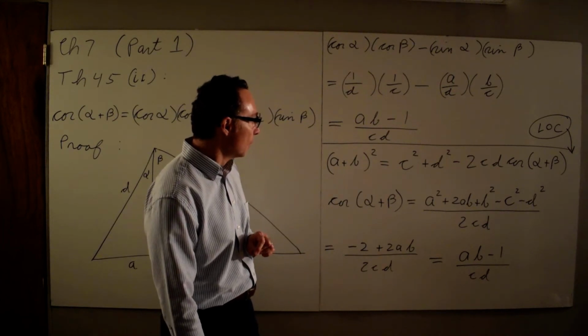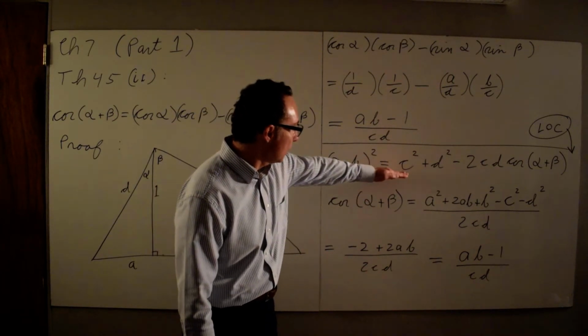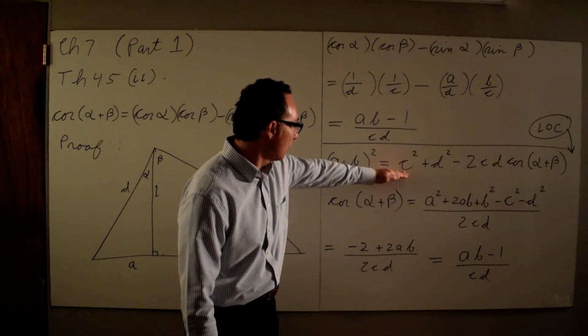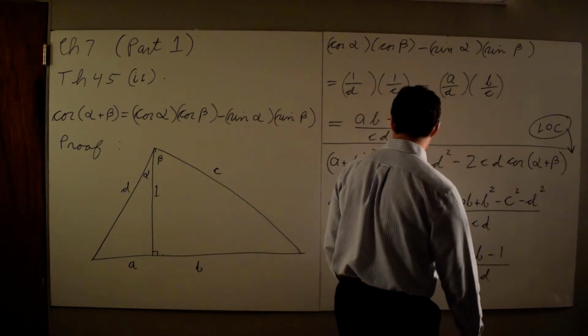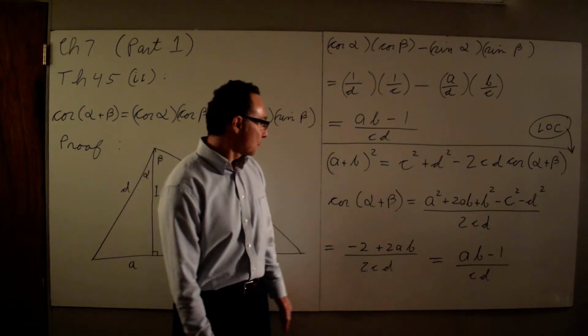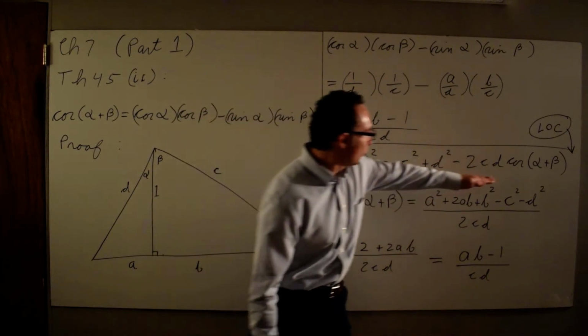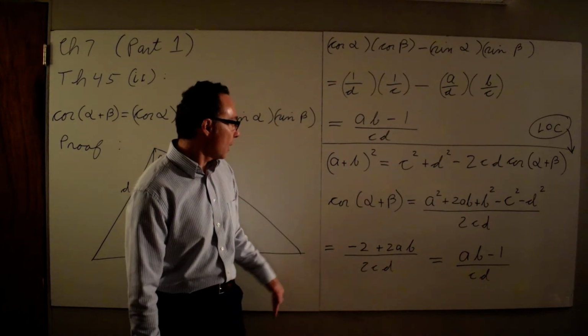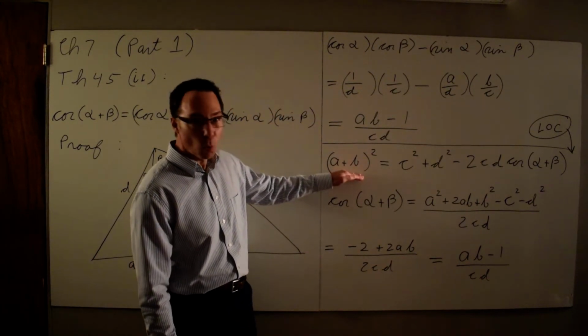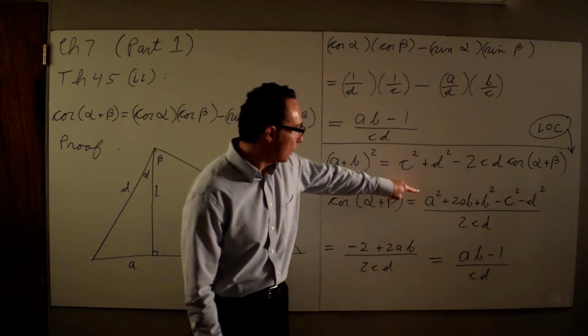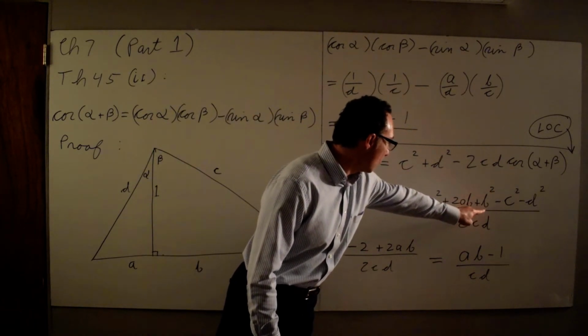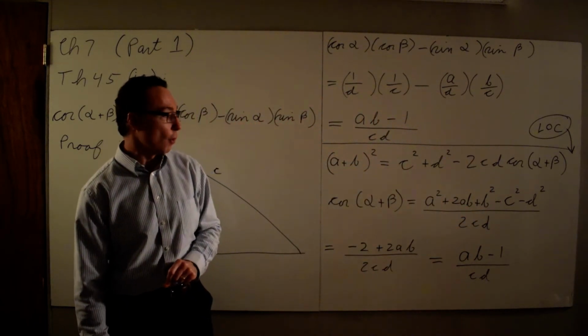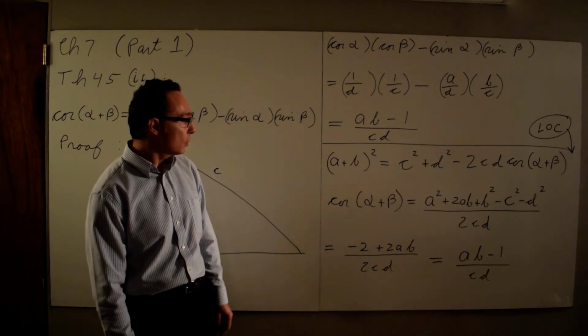All right. So now we take this and we start to simplify it. We're going to solve for cosine of alpha plus beta. So we have our quantity a plus b squared. We FOIL this, and that's where the a squared plus b squared plus 2ab comes from. We subtract c squared from both sides.